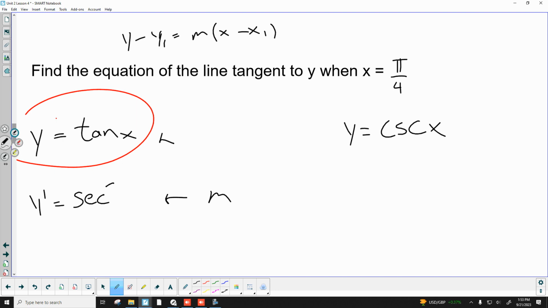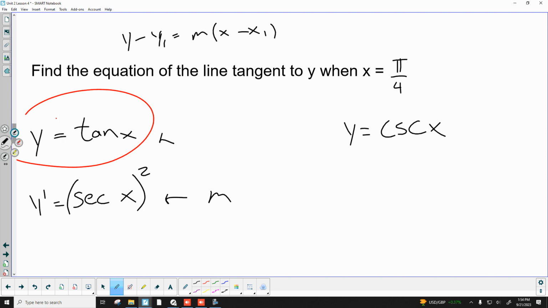We remember the slope as secant squared x. If you write the square, make sure you have it as secant x, quantity being squared. Don't plug in pi over 4 and square pi over 4. You find the secant of pi over 4 and then square it. Figure out what that is.